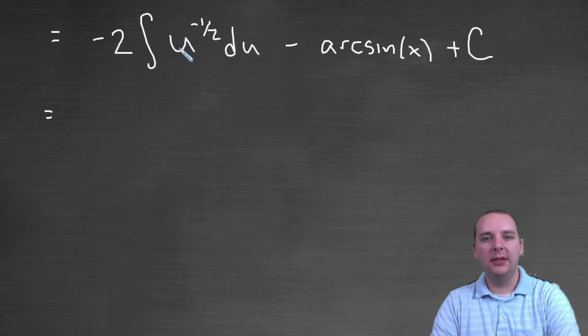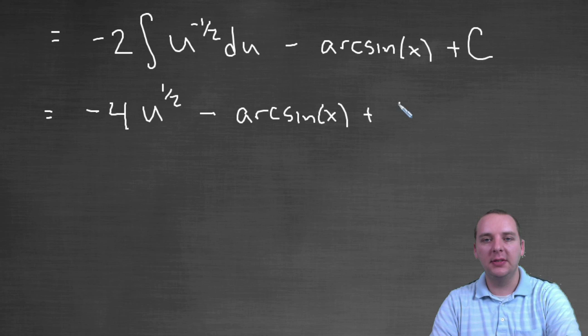So I'm going to add 1 to this exponent to be u to the positive 1/2 with a 2 over 1 out front. That's the same thing as dividing by a half: u to the 1/2 divided by 1/2, or times 2. But you already have a negative 2, so 2 times negative 2 is negative 4. And then minus, we still have the arc sine of x, that guy's finished, plus c.